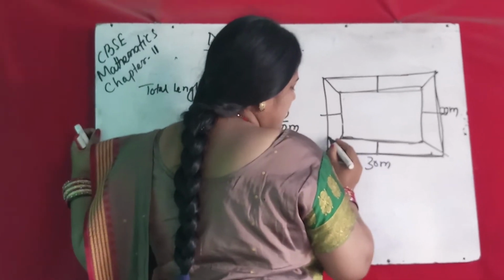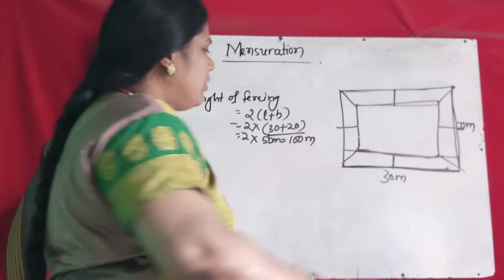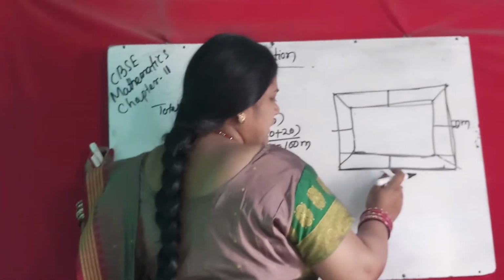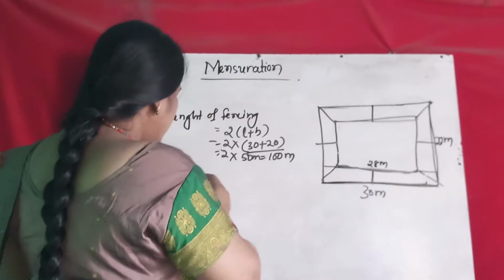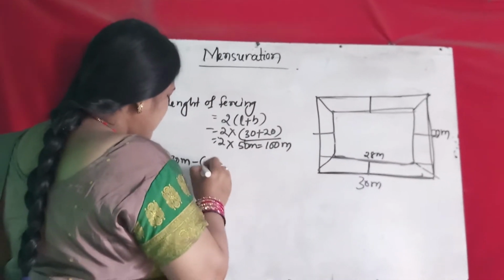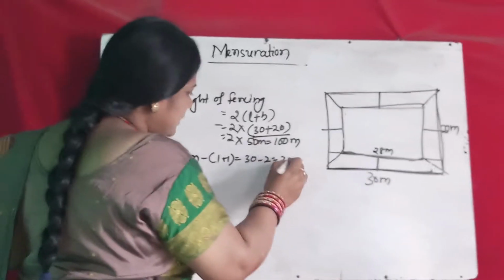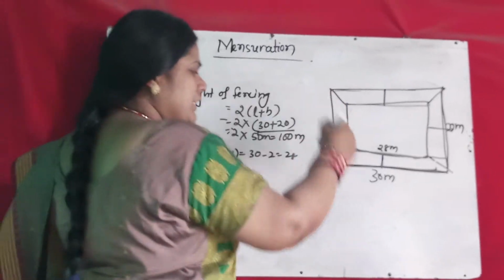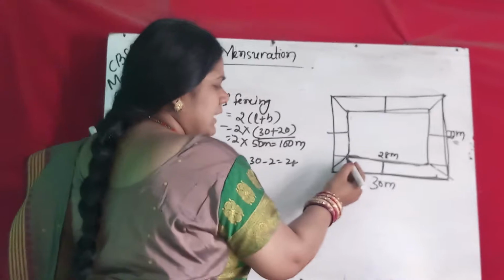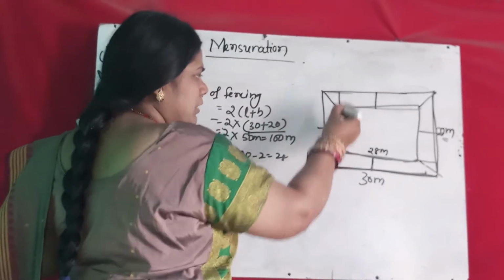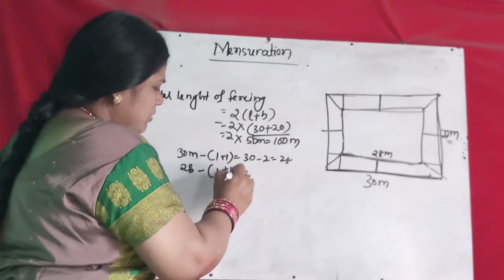Here you will subtract 1 meter on both sides. So 30 minus 1 minus 1, that is 30 minus 2, equal to 28 meter is the length. And the width is the same thing. If the width is 20 meter, and inside the garden the path is 1 meter on both sides, you will subtract on both sides.